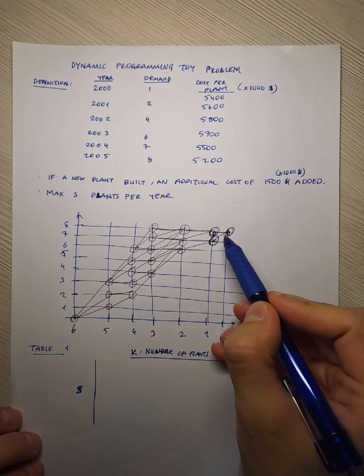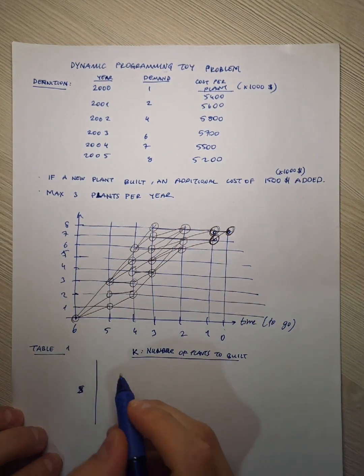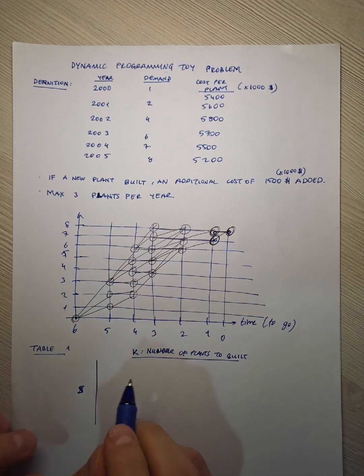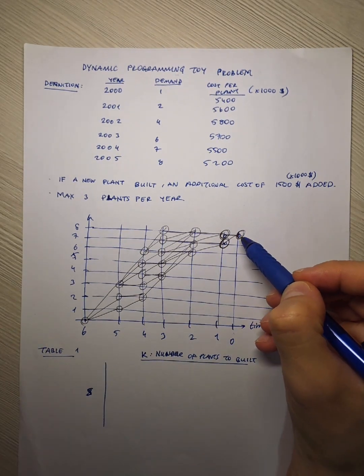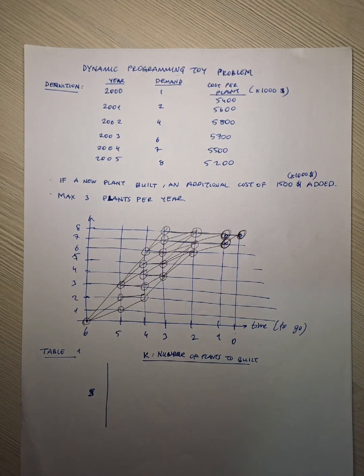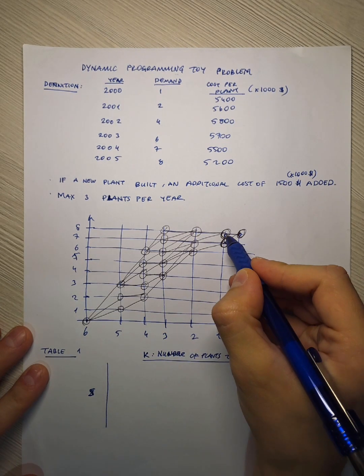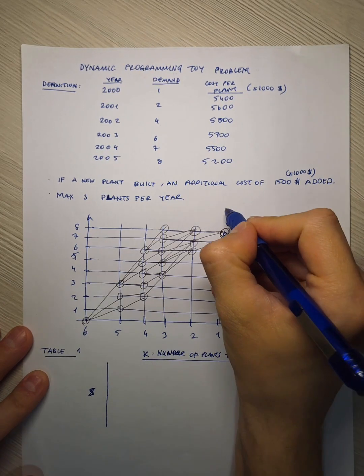We start solving from the back. So I skip the first one, which we have 8 of the plants, so there is nothing to build, there is no cost. So we will start solving from here. This is table 1.